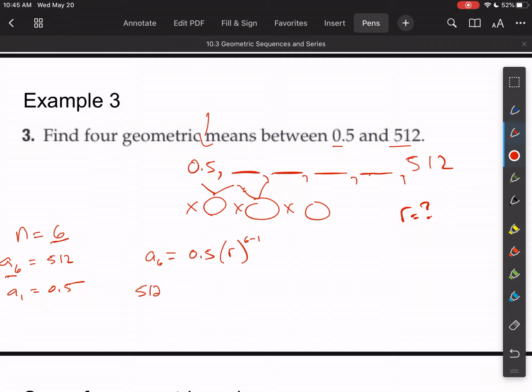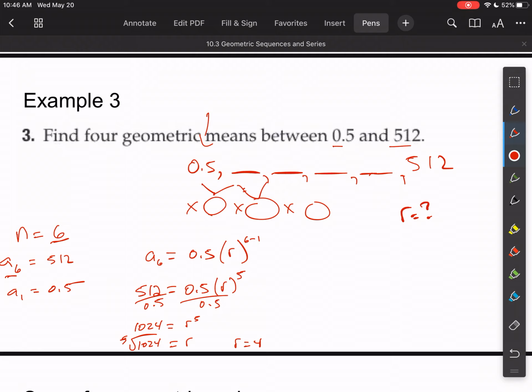So 512 is equal to 0.5 times r to the 5th power. Right, so now I can just divide both sides by 0.5. Dividing by a half is the same as multiplying by 2, so I get 1024 is equal to r to the 5th. And then I take the 5th root of 1024, and when you do that, you get r is equal to 4.